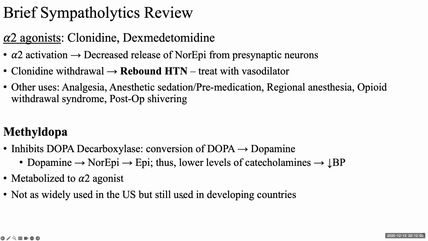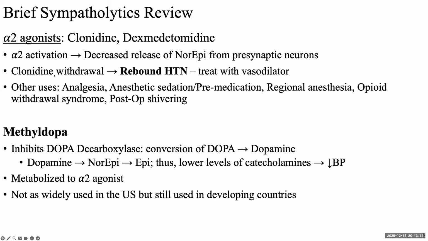All right. Now, remember alpha 2 agonists, they also act as a sympatholytic because, again, that alpha 2 receptor is involved with our negative feedback. So remember the agents clonidine, dexmedetomidine. So by activating alpha 2, we are decreasing the release of norepi from our presynaptic neurons.